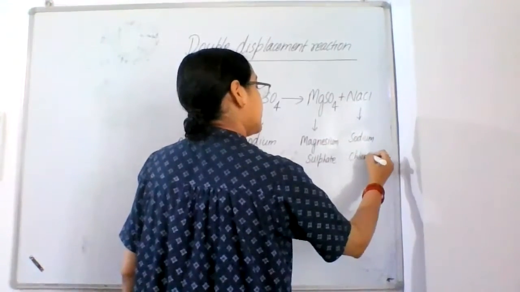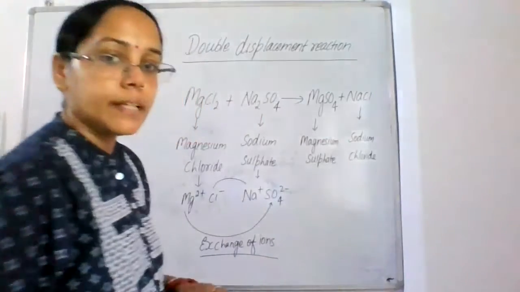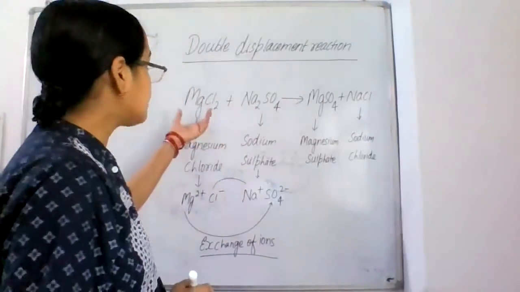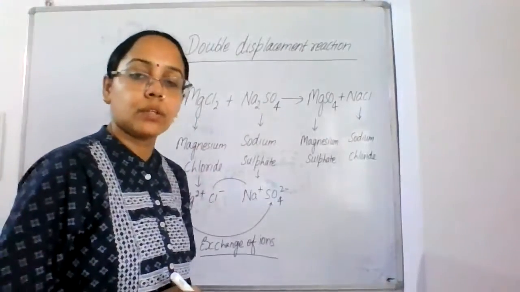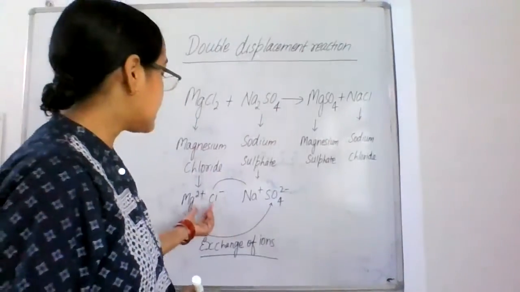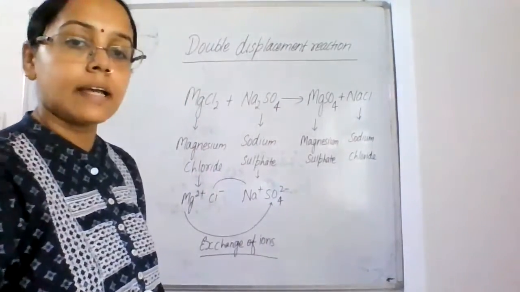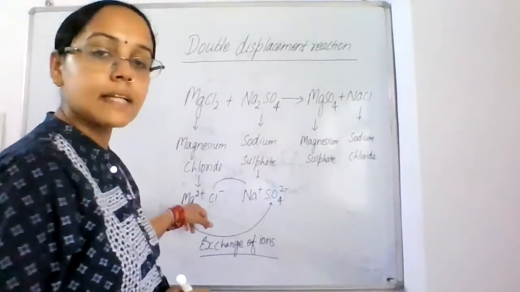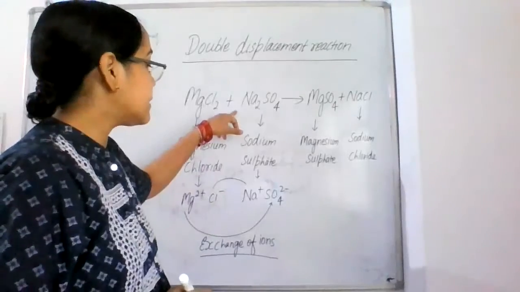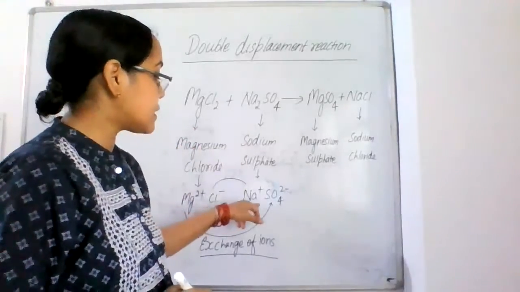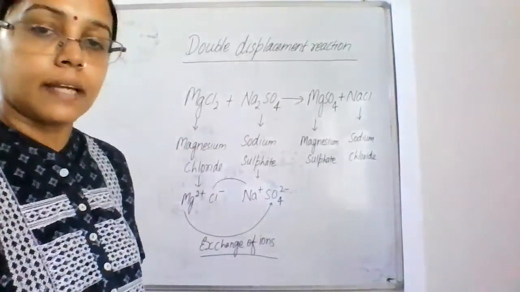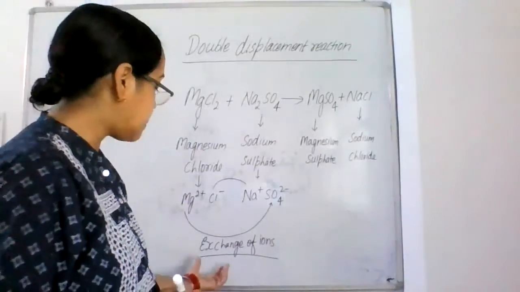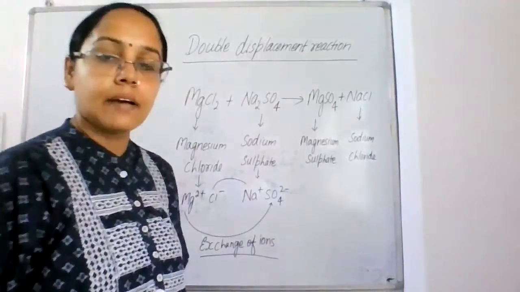So what has happened in this reaction actually? When two salt solutions, like MgCl2 and Na2SO4, are reacted with each other, in the first step they get dissociated into their respective ions, Mg2+ and Cl-, and Na+ and SO4 2-. After dissociation, exchange of ions has taken place.